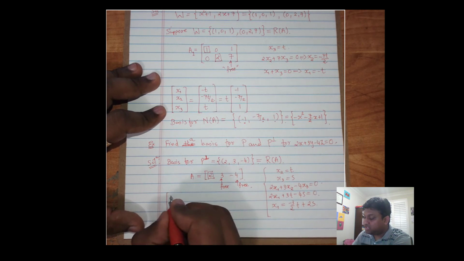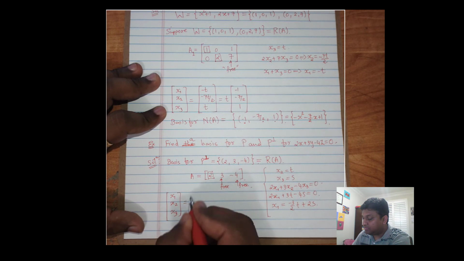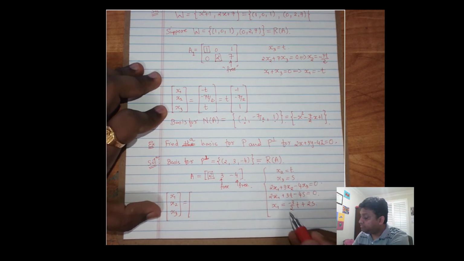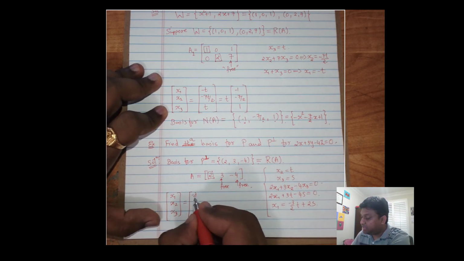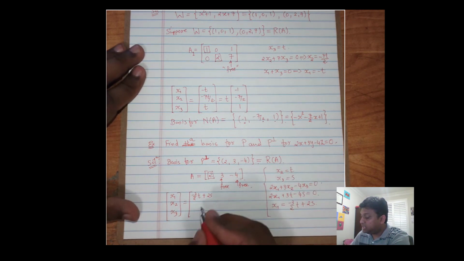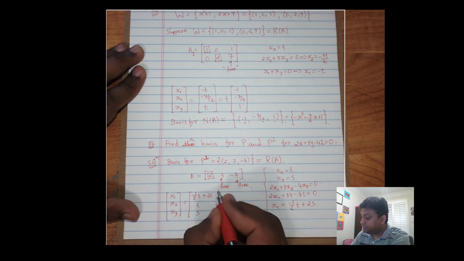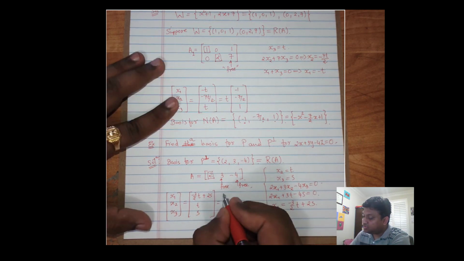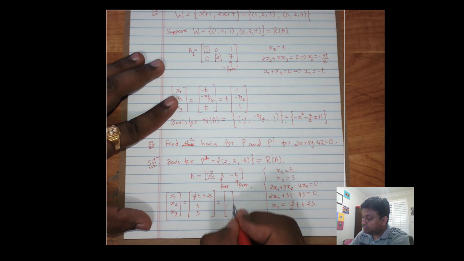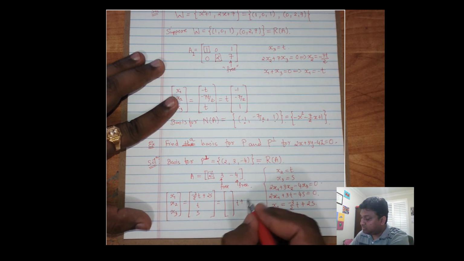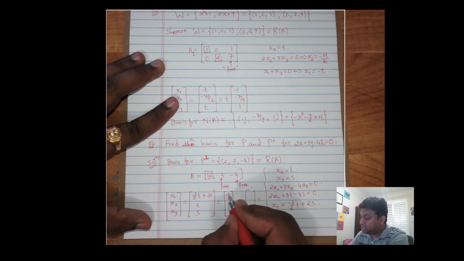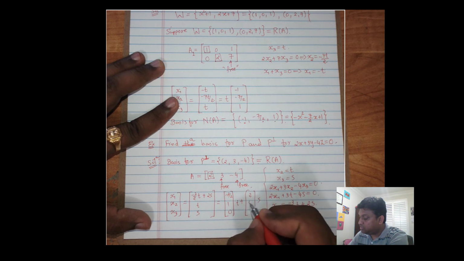The solution to the homogeneous system x1, x2, x3 is negative 3 over 2 t plus 2s, t, and s. Write this as a linear combination of s and t. I get t times negative 3 over 2, 1, 0, and s times 2, 0, 1.